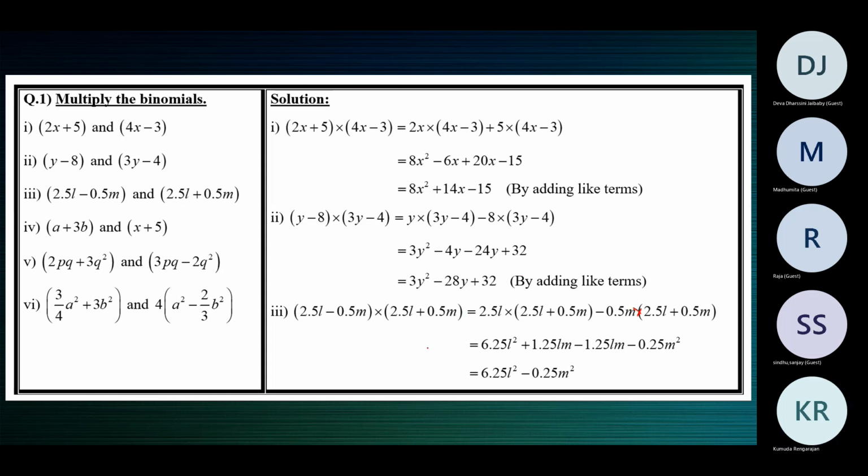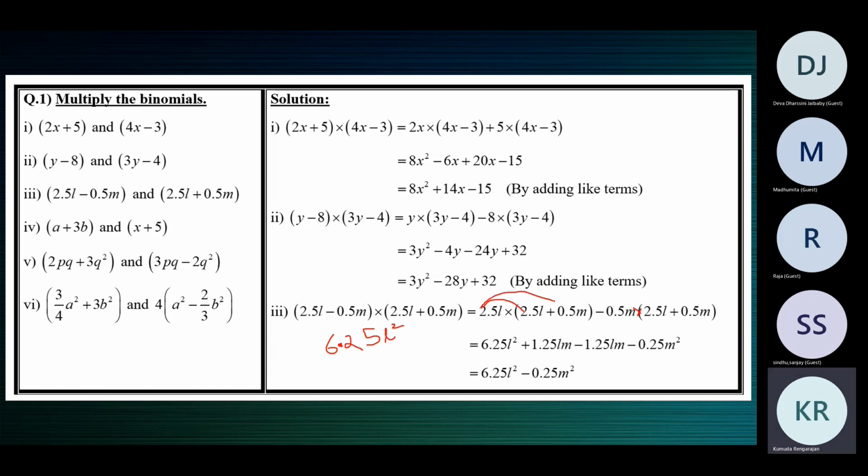Then 2.5 into 2.5, 25 into 25, 625. And there are two decimals, 1 and 1 here. 1 plus 1, 2. So in the product, you will have to place a decimal point here, 6.25. L into L is L square.